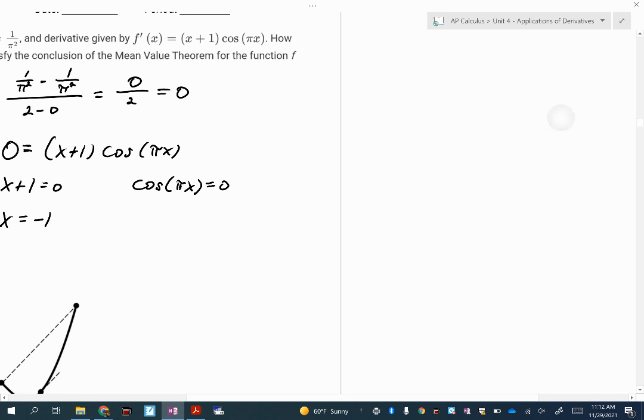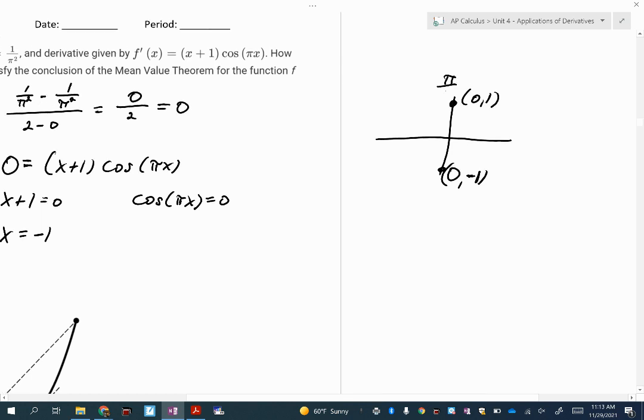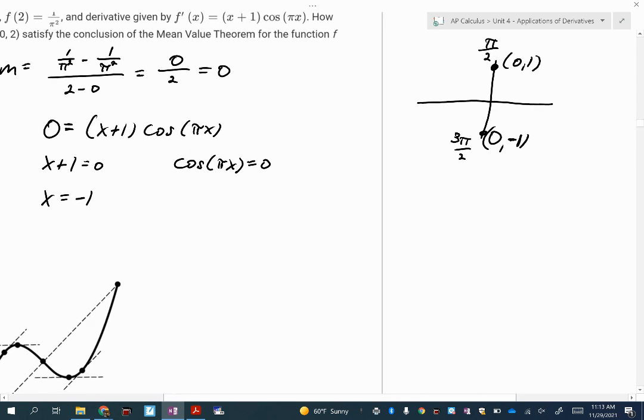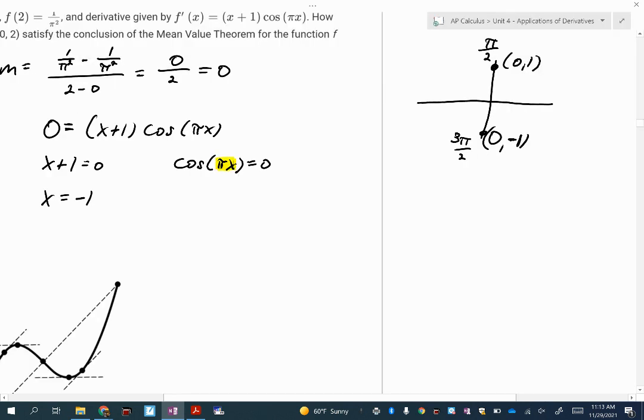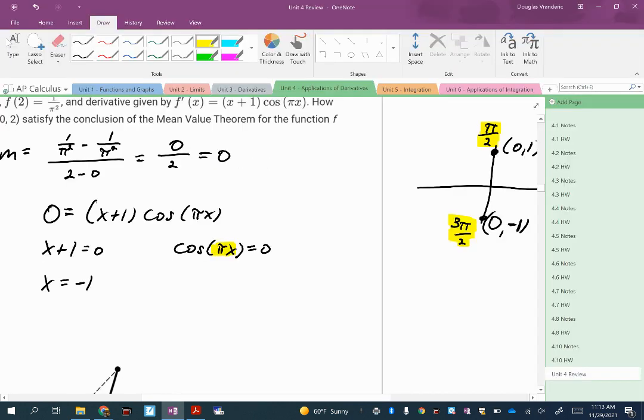And when I think about my quadrantals, when I have my points up here at (0, 1) or at (0, -1), the cosine of those would be 0. So that's pi over 2, and that's 3 pi over 2. So this pi over x right here must be equal to pi over 2 or 3 pi over 2 for this to work.